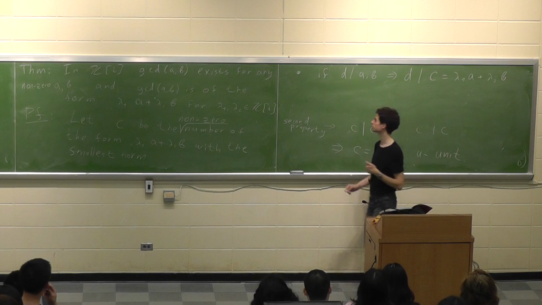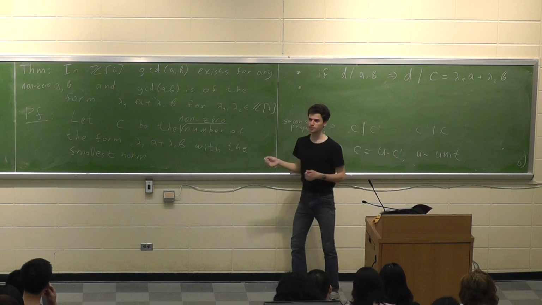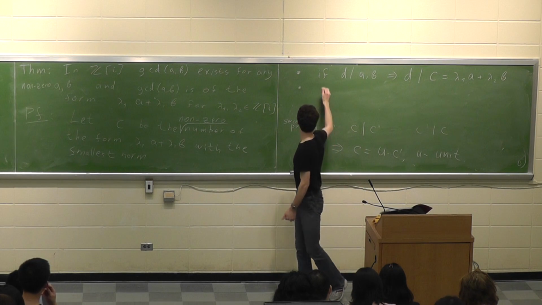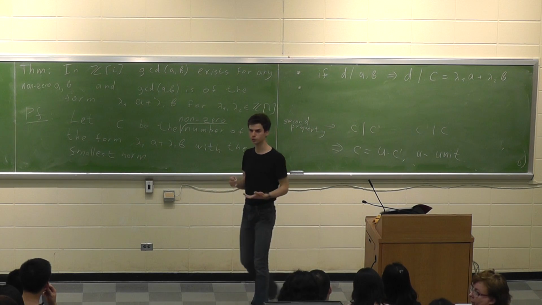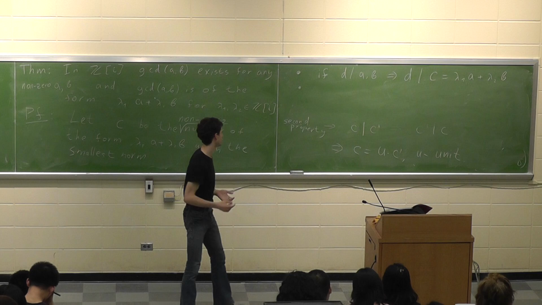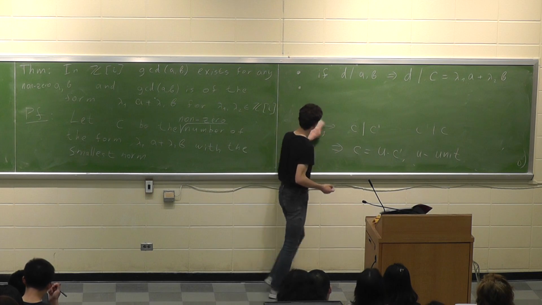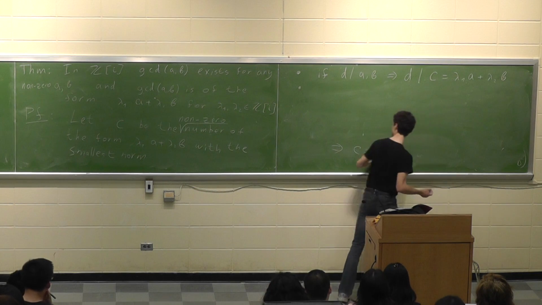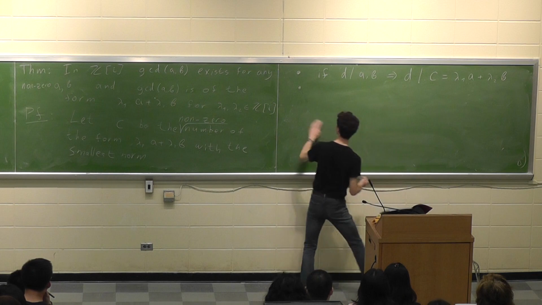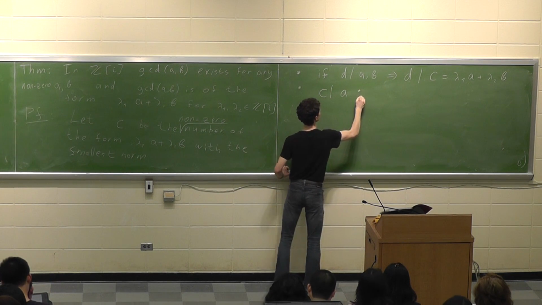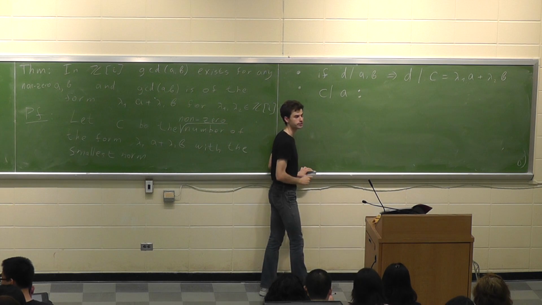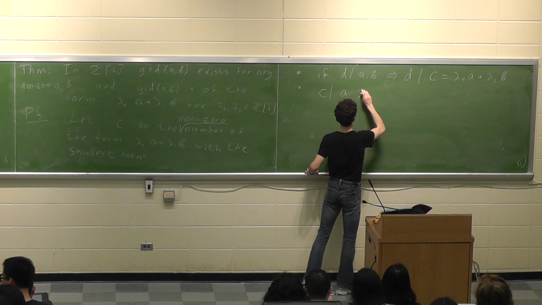That's almost obvious. The other part, the fact that C itself is a divisor of both A and B, well, it's less obvious. I claim that C is a divisor of B and a divisor of A. So here's the proof.